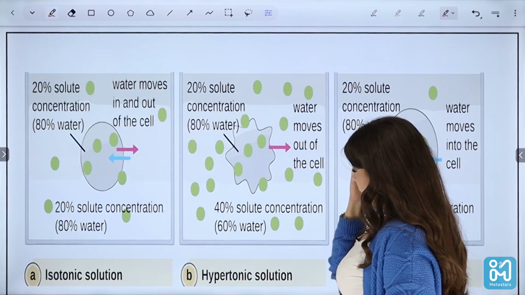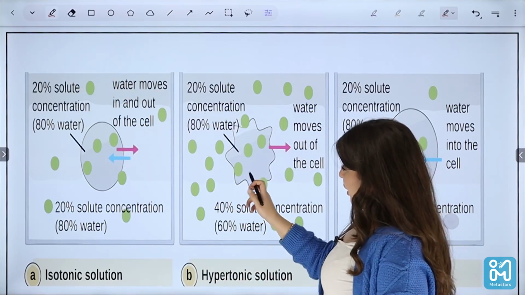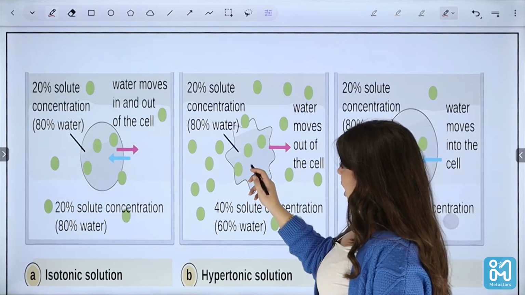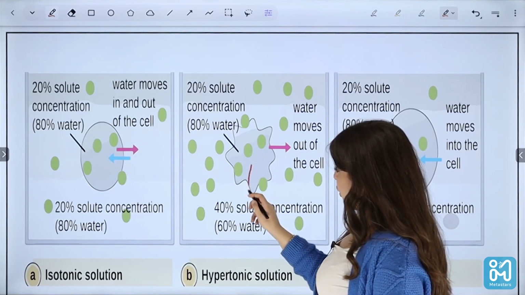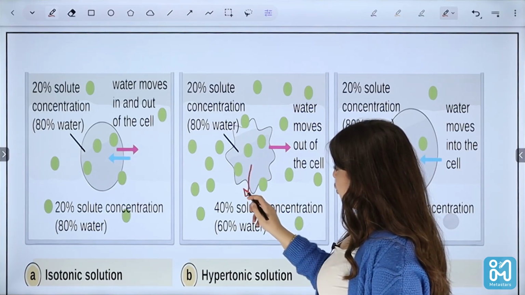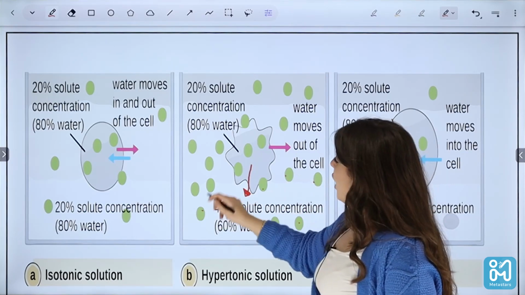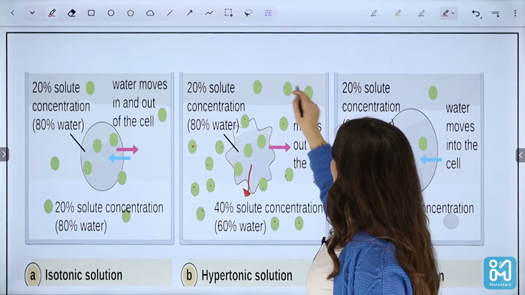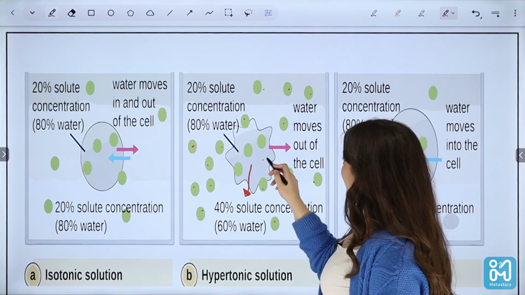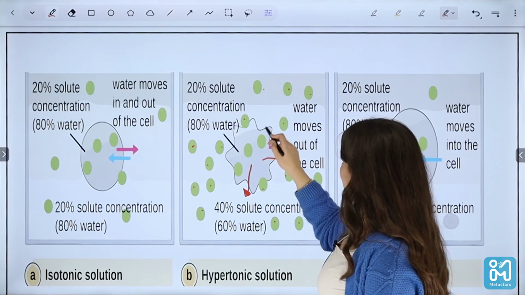So water will move from the high amount of water to the low amount of water in order to balance the high concentration of salt. How will the cell balance? It will let the water inside the cell get out.